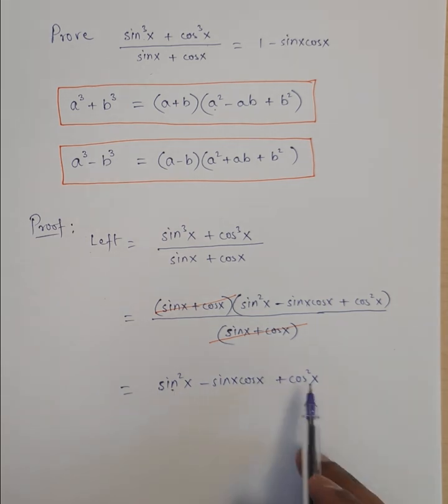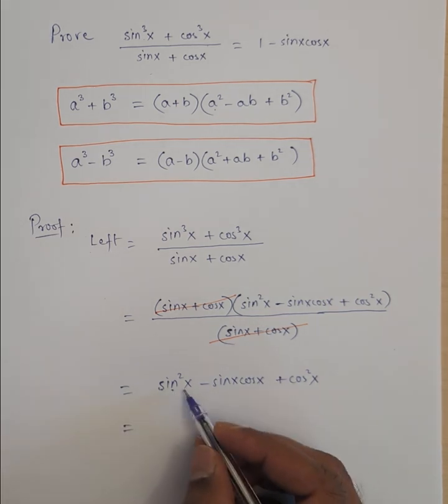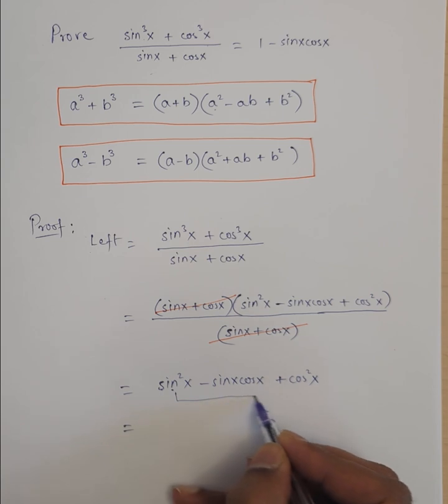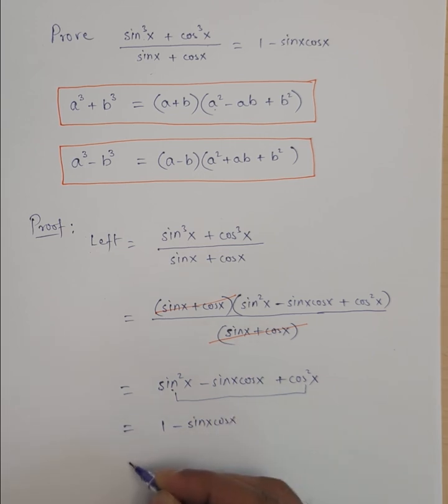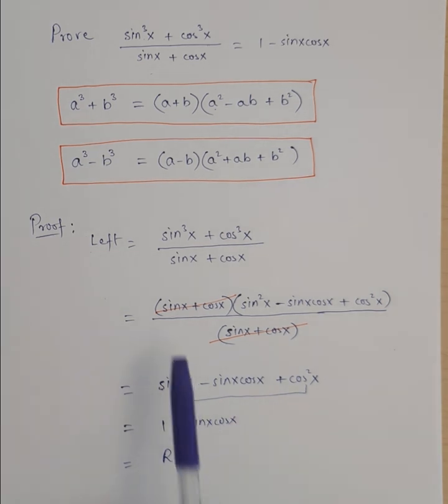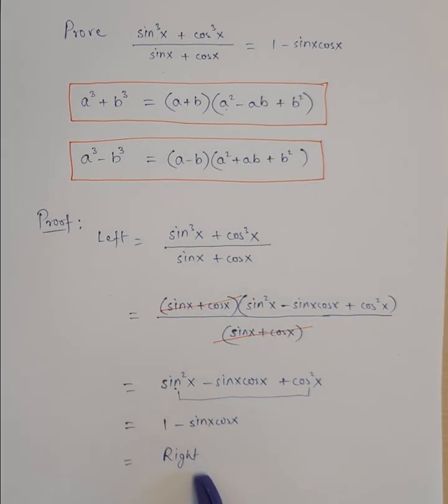And notice sine square x plus cos square x is just 1. So I can combine these two and say it's 1. So I have 1 minus sine x cos x, which is the same as the right side. So we started at the left and arrived at the right. So we proved it.